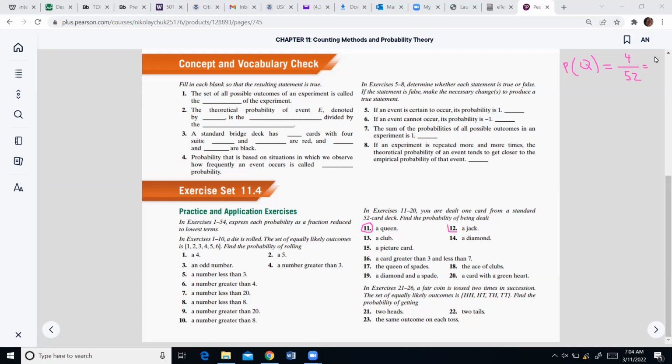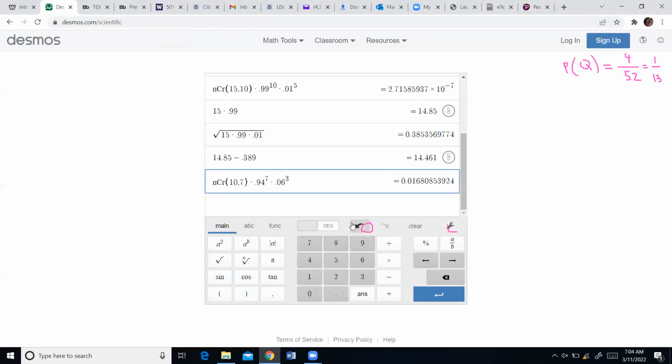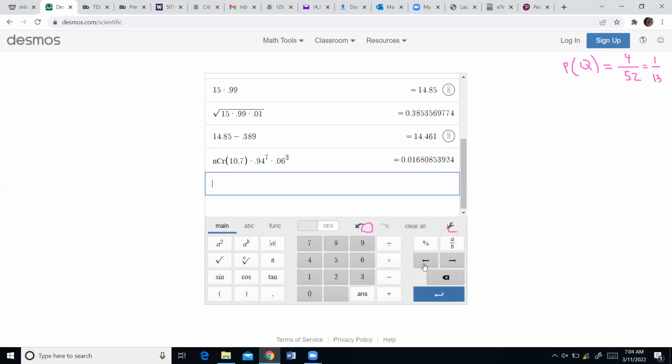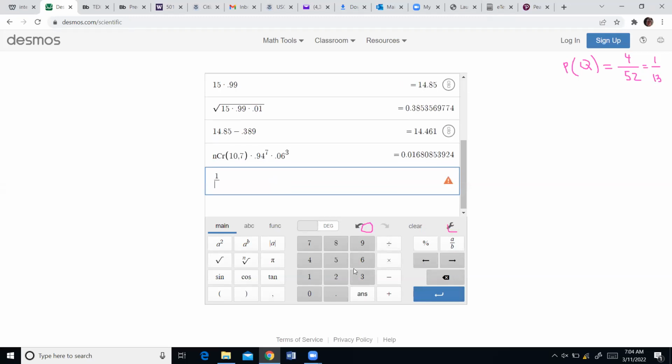And of course, this should be simplified, so we can write it as 1 out of 13, or we just get this calculator and divide 1 by 13, or you could also divide 4 by 52.